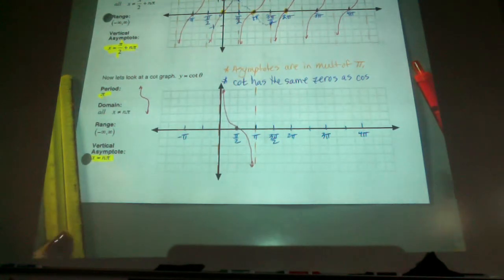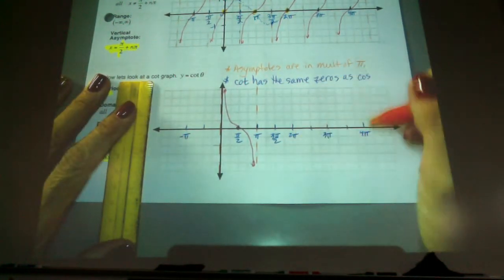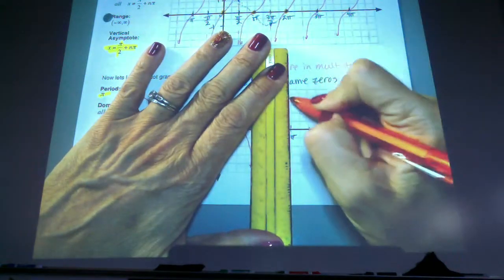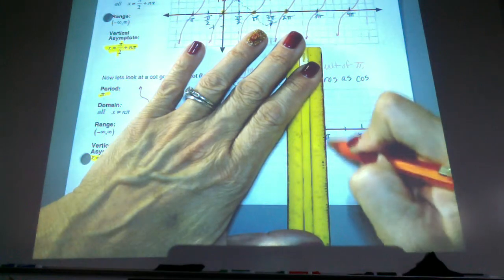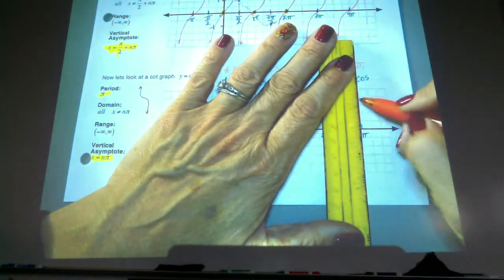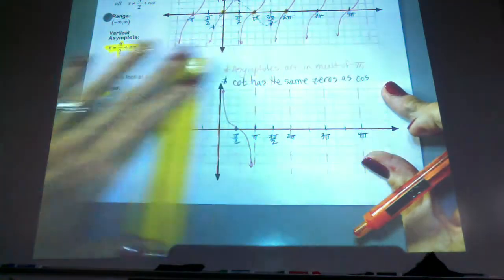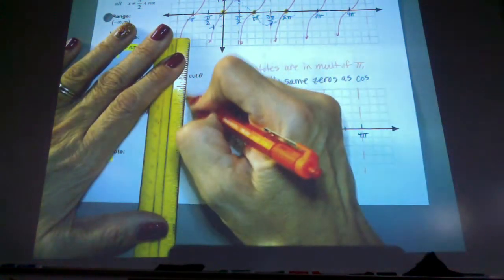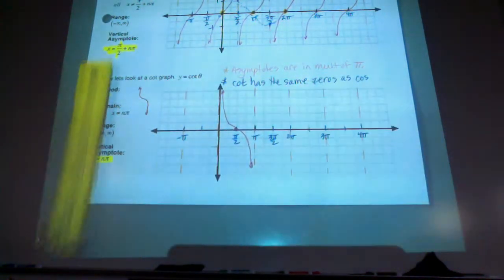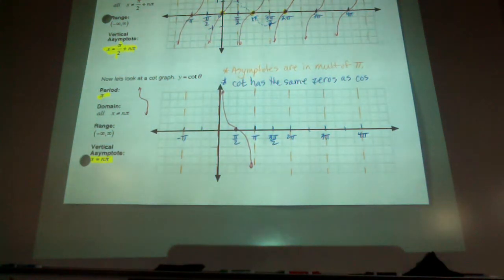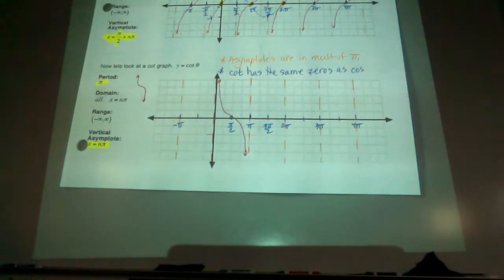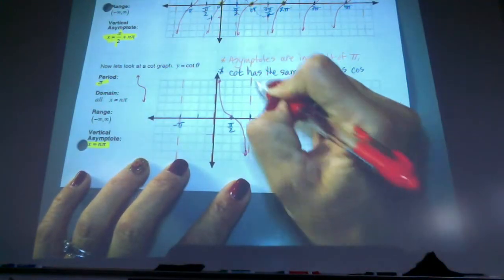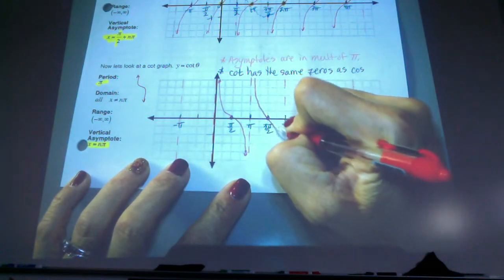So then I'm going to finish out my pattern of asymptotes. So at every pi, I'm going to put an asymptote. So all I did was went in multiples of pi. 4 grid lines apart. And then I'm going to finish out my pattern of going upper left, hugging through 0 to the lower right.